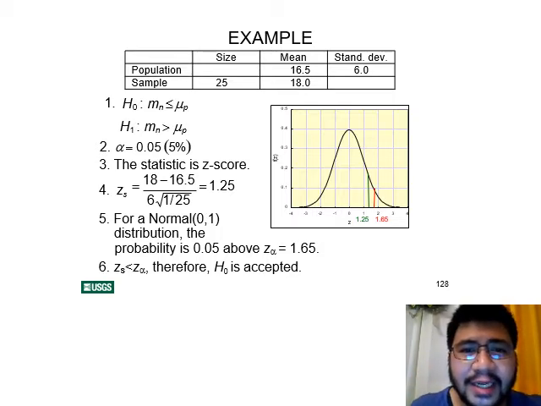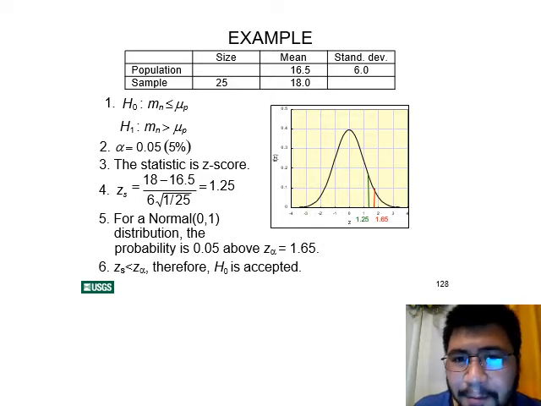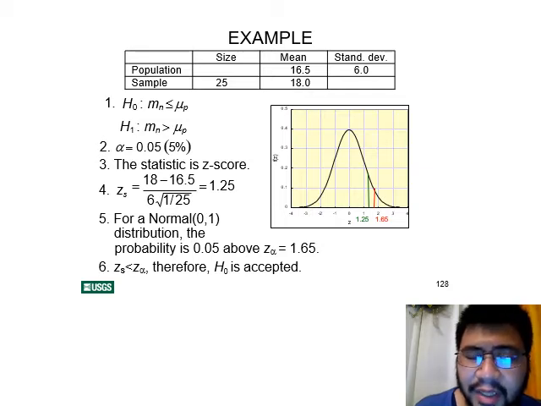All right, we have here an example of a one sample t-test. The null hypothesis states that the sample mean is less than or equal to the population mean. This is your sample mean, and this is your population mean.